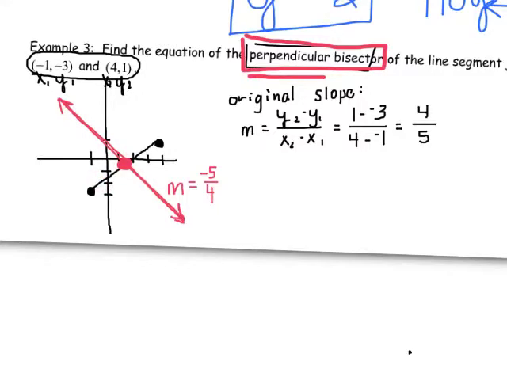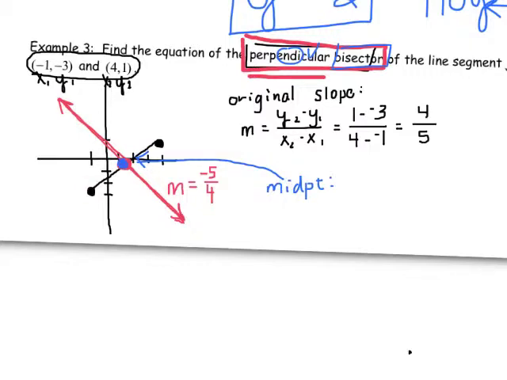What else do we have to do? Well, I've taken care of the perpendicular part of it, so that's checked. Now I want to find the bisector part of it. Don't forget to do both parts. The bisector part said I have to be in the exact middle. If I want to be in the middle, that's midpoint. You do have a formula for midpoint, but I've already given you a few formulas to memorize. What I always think of for midpoint is the average. If you have this y value and this y value, then this one is exactly in the middle of that. It's the average of the y's.